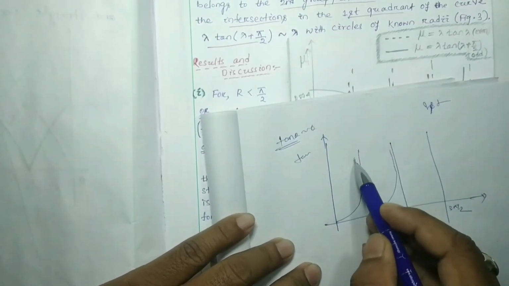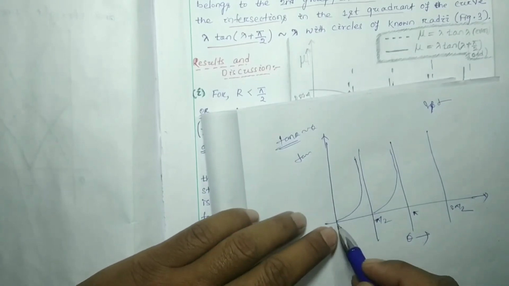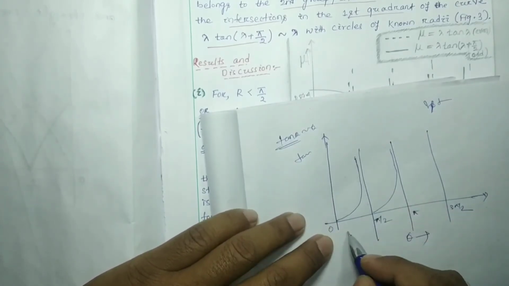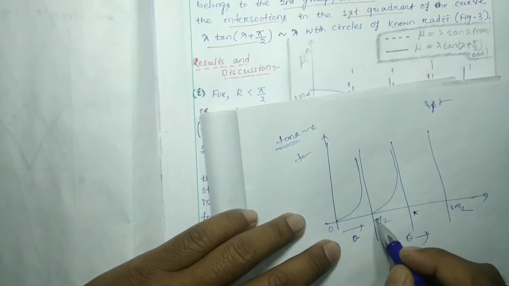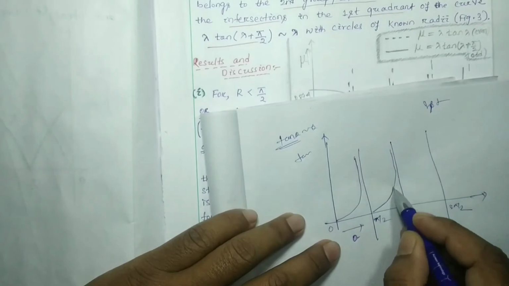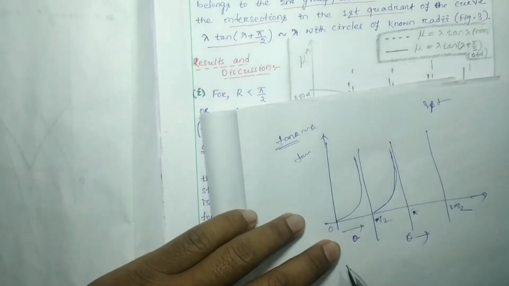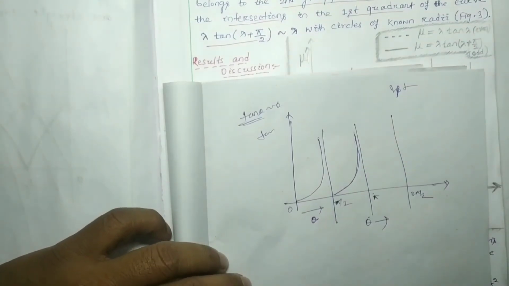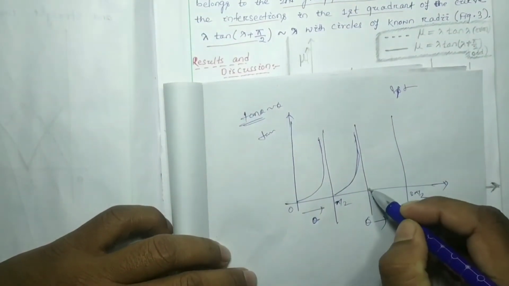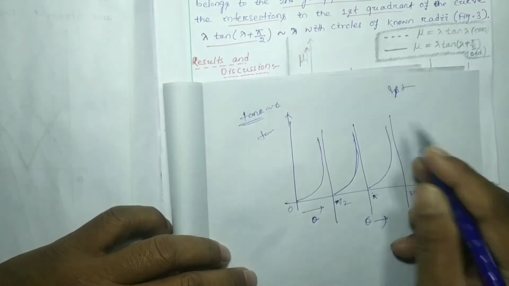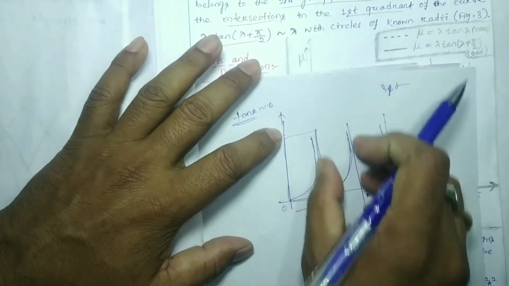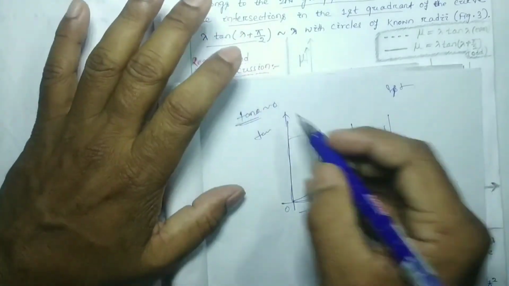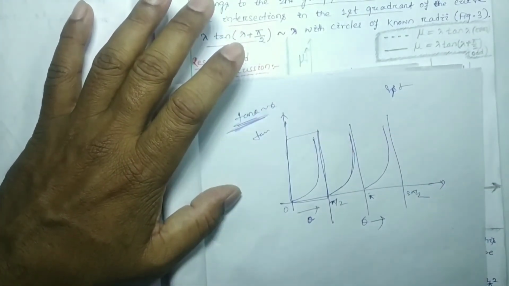From 0 to pi by 2, look at the type of increment with theta. From pi by 2 to pi, we can find exactly the same type of increment, and from pi to 3 pi by 2, similar. That means if I cut this portion and put it over here, it matches exactly. This is your tan theta curve.